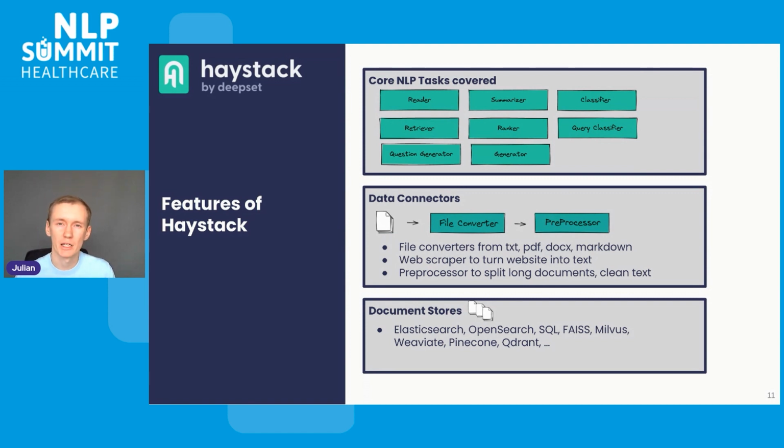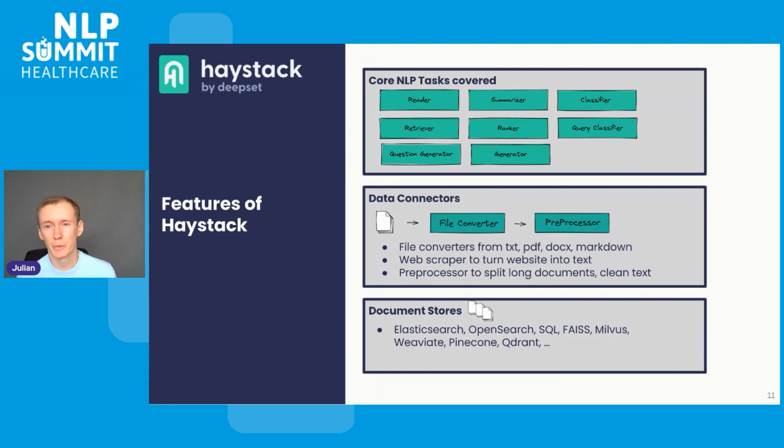There's also a summarizer that takes long documents and creates a summary and makes them shorter. A ranker that can re-rank documents in a list based on some ranking criteria. You have classifiers that you can use to classify documents, but there are also even nodes for named entity recognition. And there are query classifiers. For example, if you want to, before you actually run a query, decide what kind of query it is.